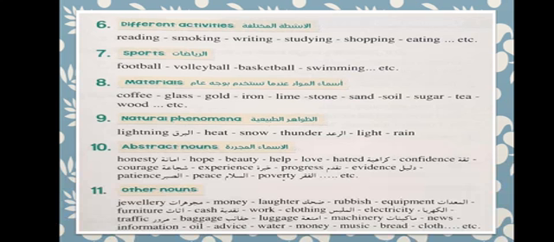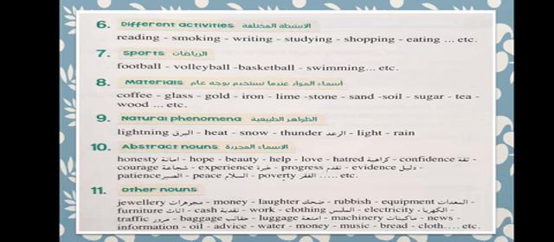Materials like gold, iron, lime, stone, sand, soil, sugar, tea, wood. Natural phenomena: lightning, heat, snow, thunder, light, rain.